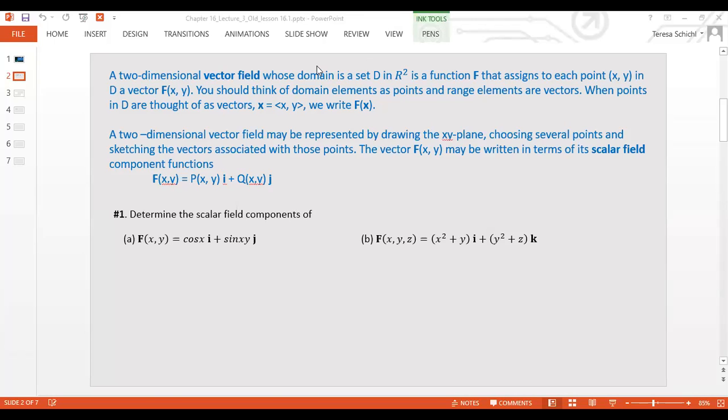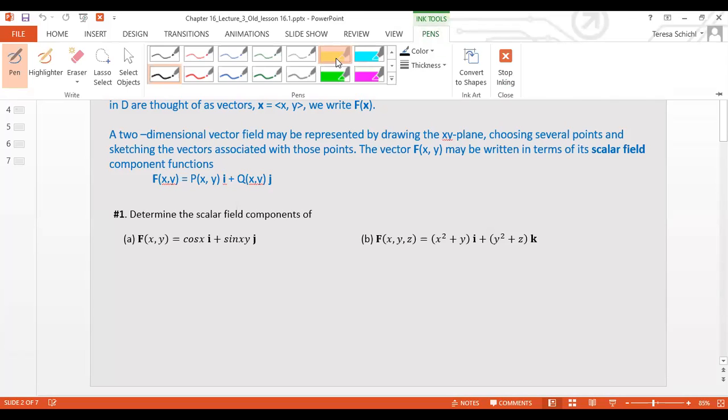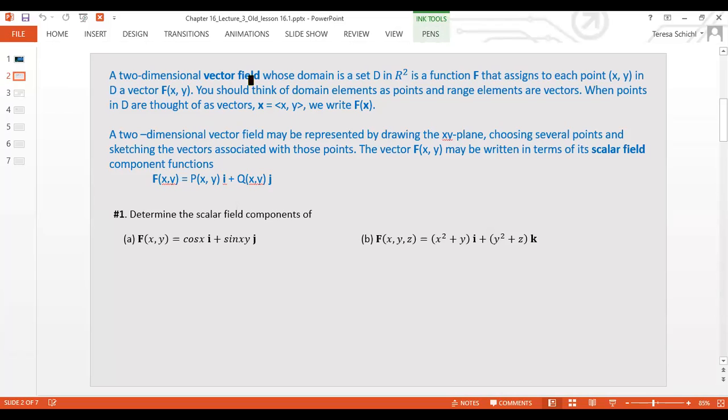So the first thing: a vector field. The key question is, what is the domain of the vector field? The domain is a set D, a set of points. For a set in R2, you have many different points.